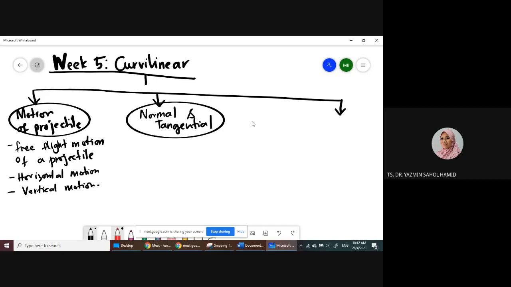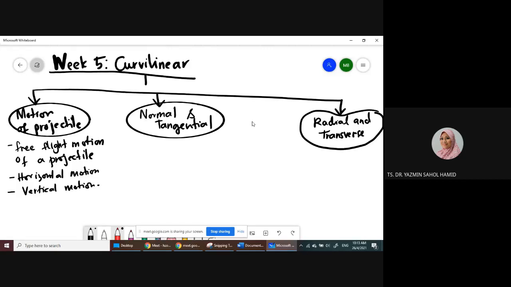So today we're going to do normal and tangential, and there is another one that is radial and transverse. So for curvilinear there are 3 types.